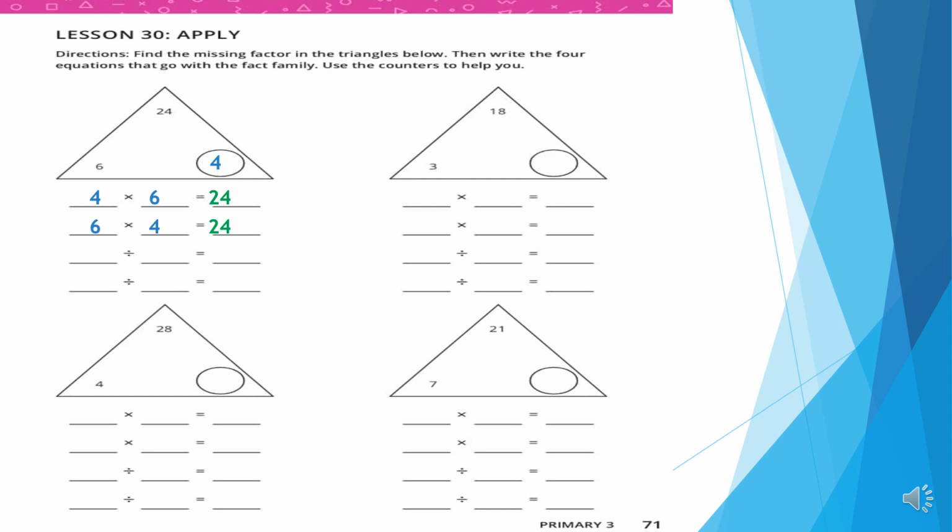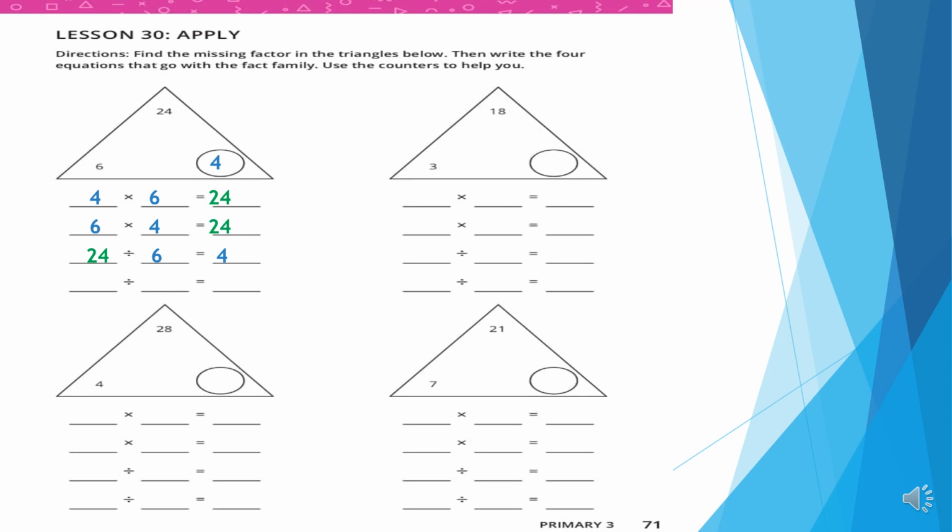Now we will write the division equations. We said in division equations, we must put the big number first. Which one is the biggest number? 24. So we will write 24 first in the dividend place. 24 divided by 6 equals 4.